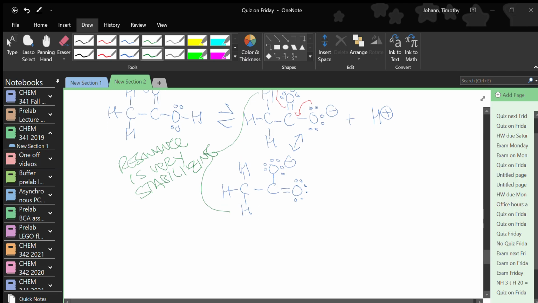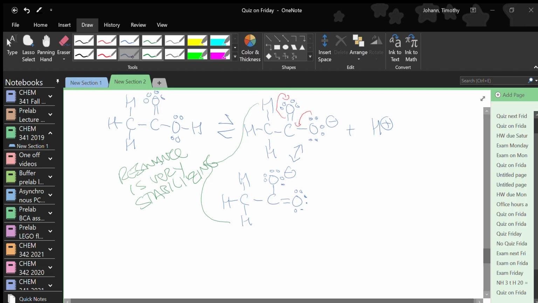An example of an inductive effect would be if I put fluorines onto that acetic acid. So I'm going to make trifluoroacetic acid. The fluorines are on the carbon, so this is not like hydrofluoric acid where you have to run for the hills, where you have to have your antidote next to you.